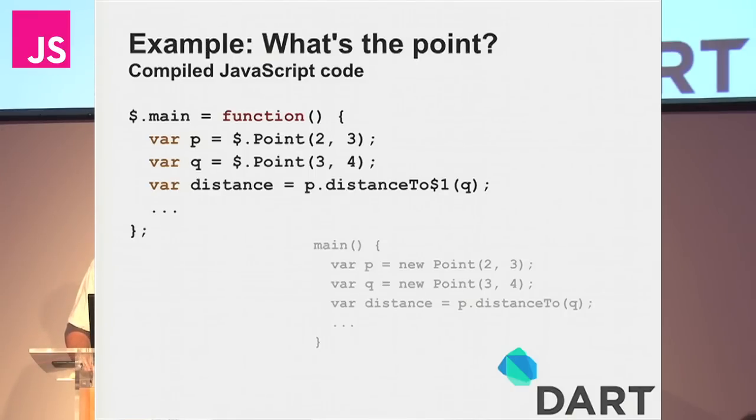The third thing is the distance to $1. We encode our arity in the names of the methods. This way, we get exceptions when the arity doesn't work, and we don't need to check the arguments, the length, or anything. We just call, and if it doesn't work, it means that either the arity was not right or the method didn't exist.